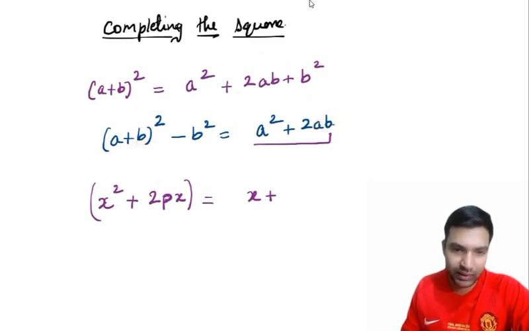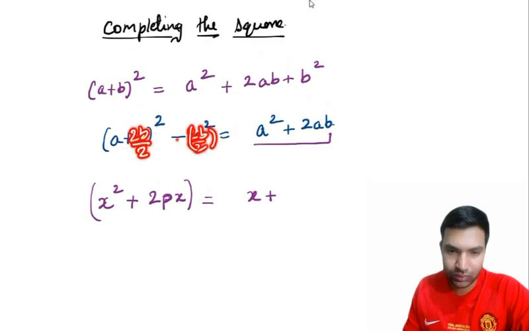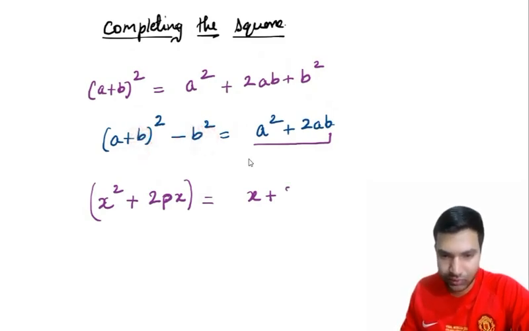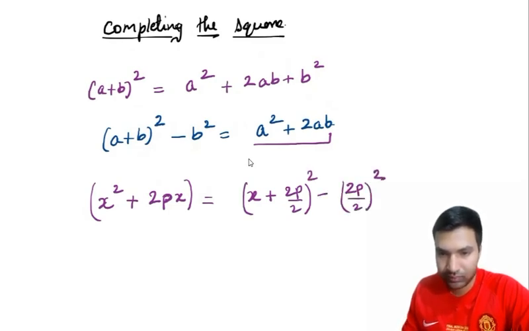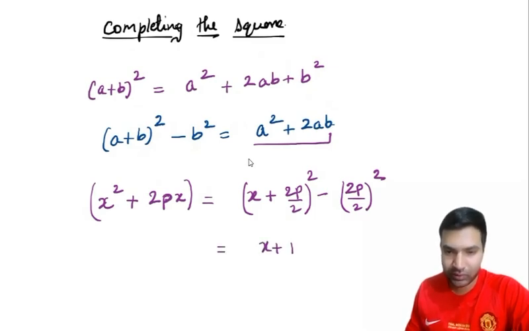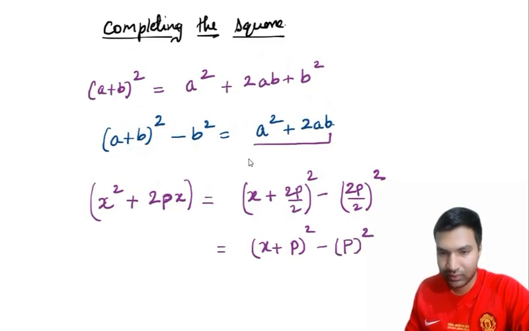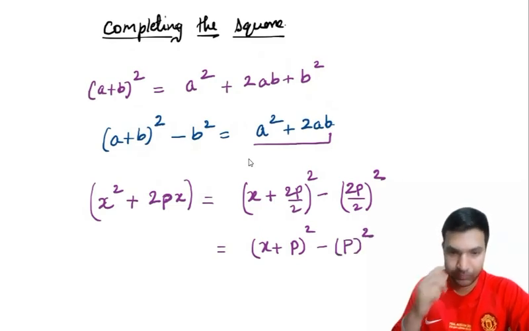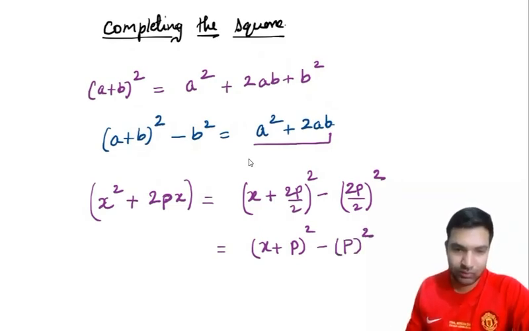So here we write 2b over 2, so this is basically (x plus 2b over 2) whole squared minus (2b over 2) whole squared, isn't it? So I can simply write here (x plus 2p over 2) whole squared minus (2p over 2) whole squared. Are you getting this? So this basically becomes (x plus p) whole squared minus p squared. Okay, so this is what we need to do.